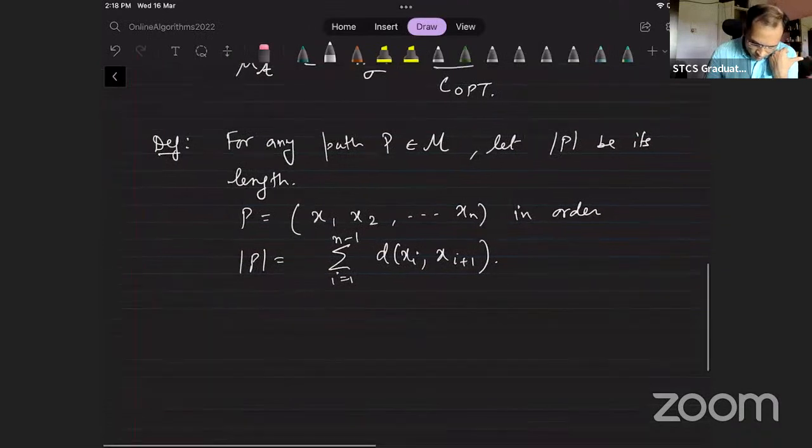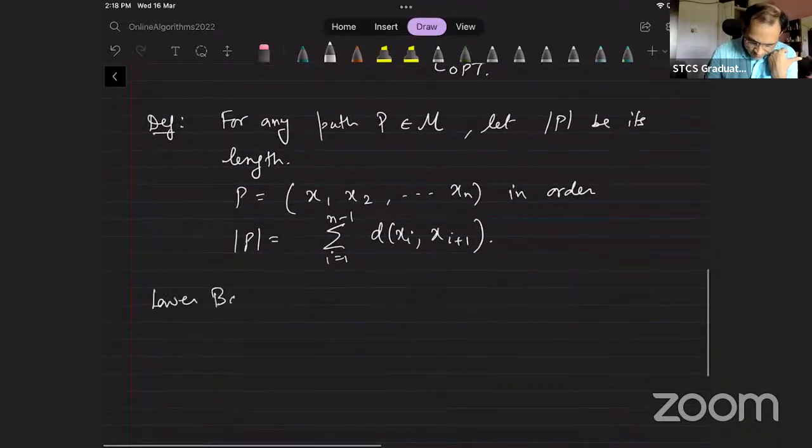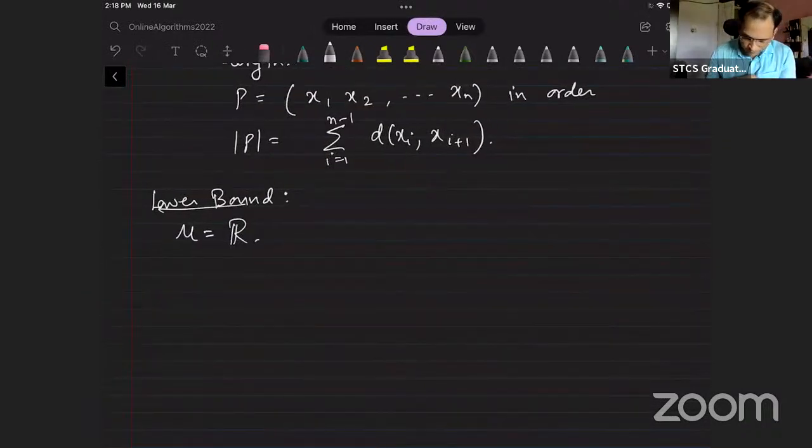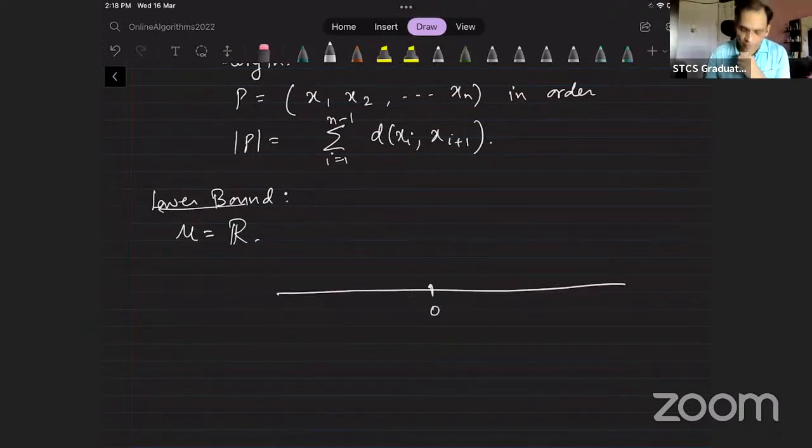Now let's look at the lower bound. Give me a quick lower bound when M is just a real line. This is easy. So we have this real line, and this is our starting point. Give me a small input and try to show a lower bound of 3/2, that your algorithm is going to take a 3/2 fraction more time compared to the OPT.